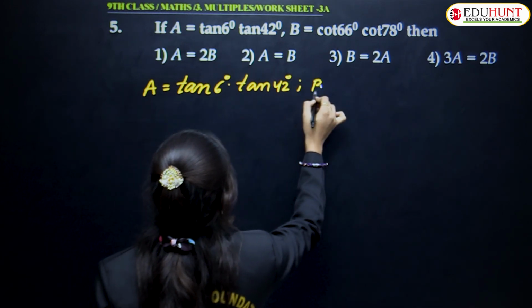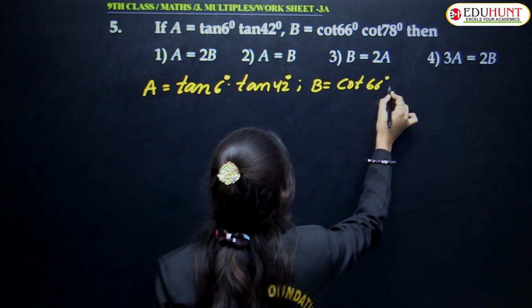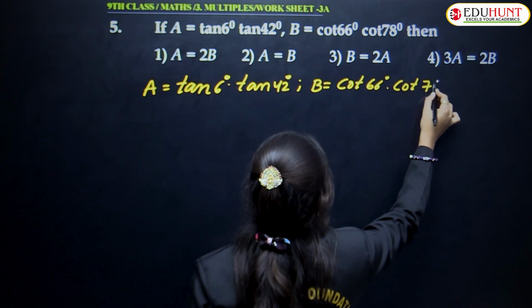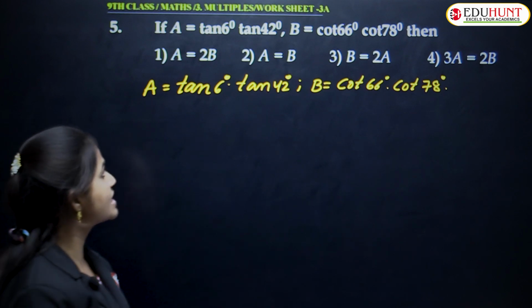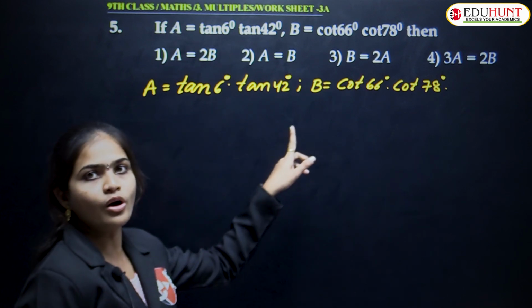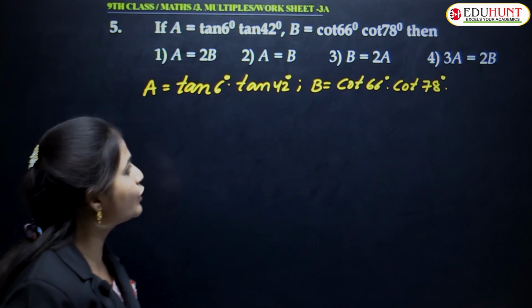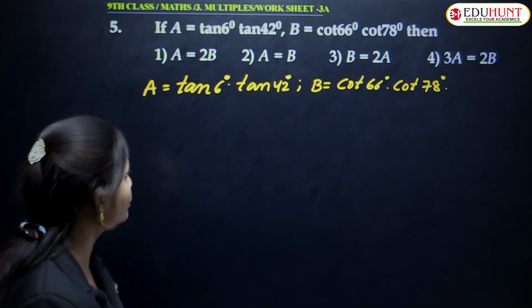And B is equal to cot 66 degrees, cot 78 degrees. Actually these two are the given values. Then we need to find out whether A is equal to 2B, or A is equal to B, or B is equal to 2A, or 3A is equal to 2B. Which one is correct? We have to check that.